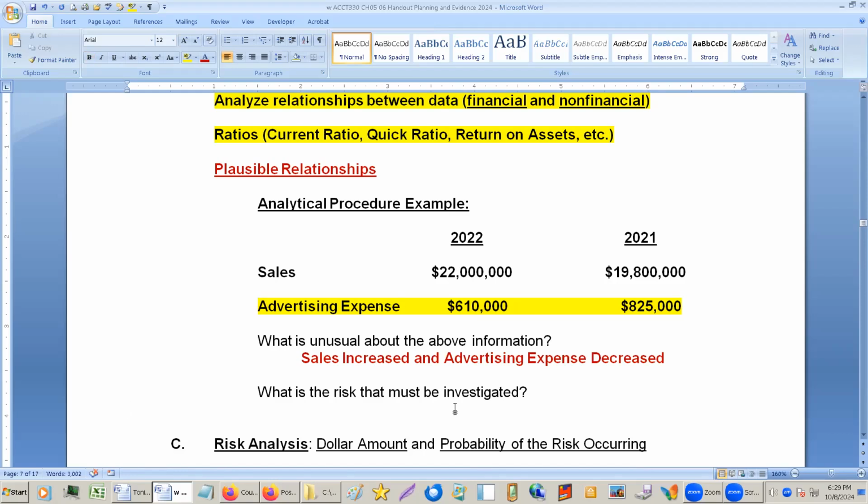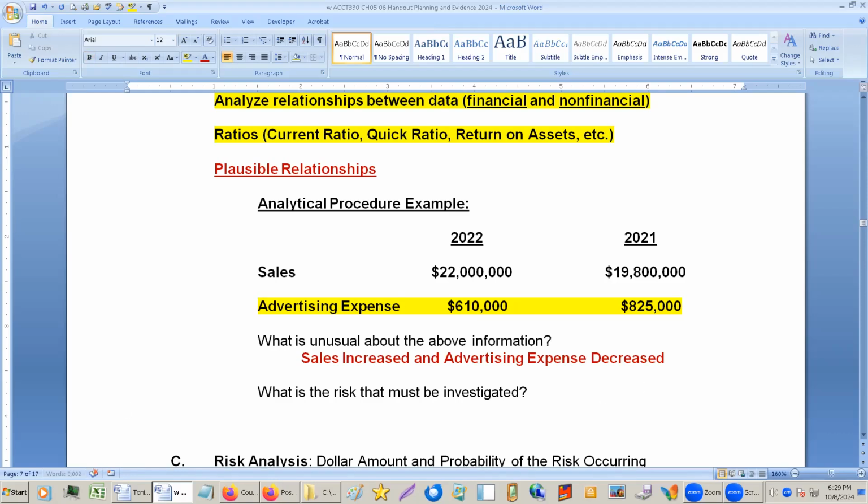What is a risk that might need to be investigated? There's actually two of them. So you run into this situation. What are you worried about? What's your worry if you run into this situation?